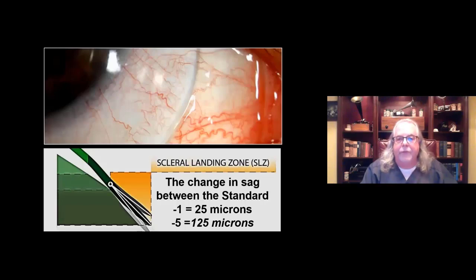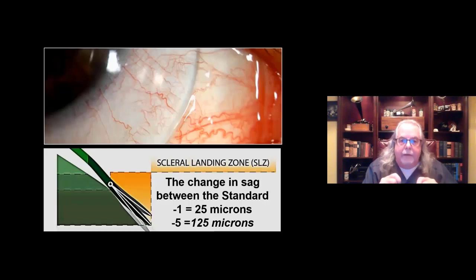in the periphery. Now, here is where I deviate a little bit, because remember I said before that when dealing with the peripheral corneal clearance and limbal clearance zones, we work in larger 125 micron increments. Here we work in small increments.